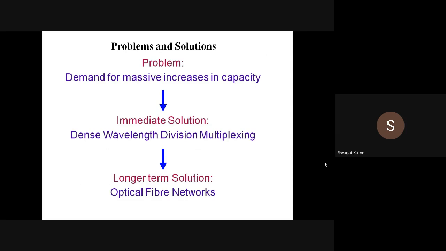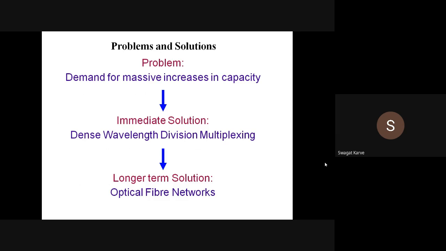Now, why should we go for this multiplexing technique? It is discussed here. Demand for massive increase in capacity, right? Why should we go for wavelength division multiplexing? Demand is more and the channel is less, so you have to use as much space within that channel as possible and increase the channel capacity.